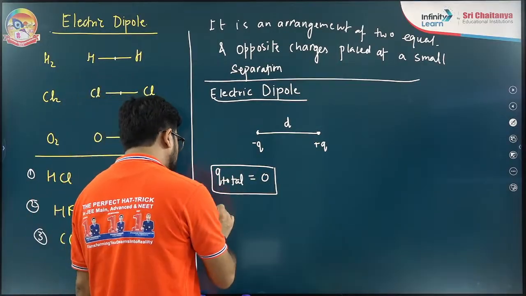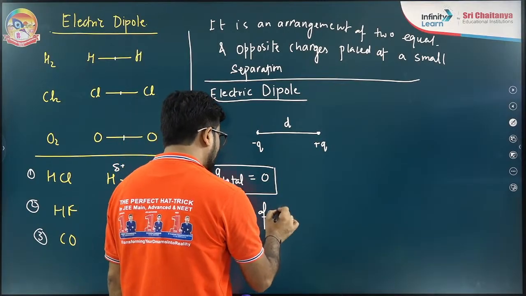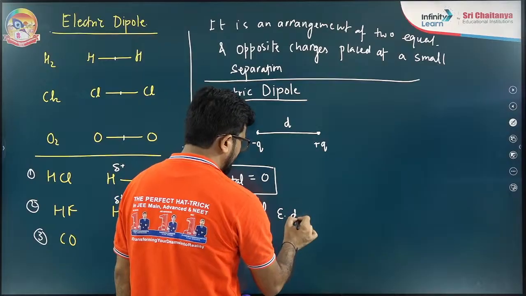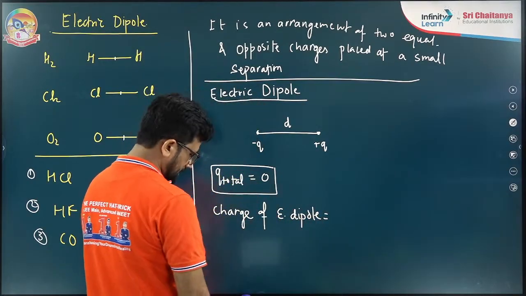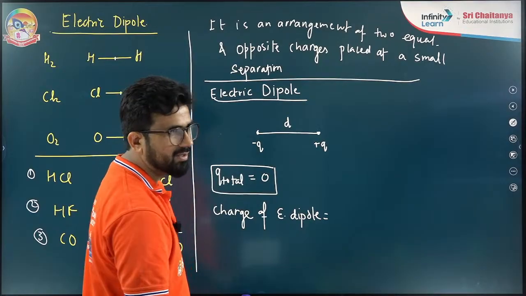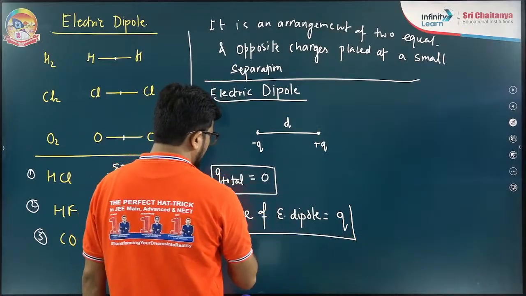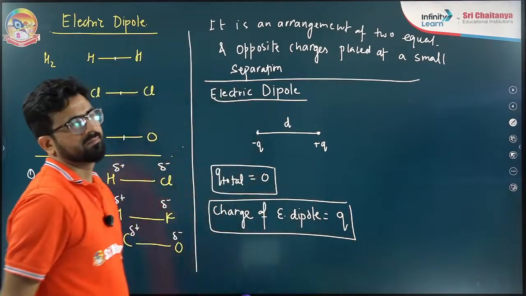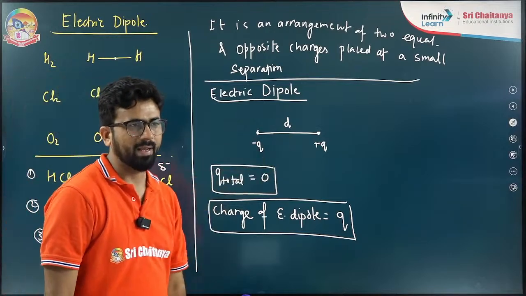But when we say the charge of the electric dipole, we are asking only the positive charge, only the Q value. You have to tell only one Q.